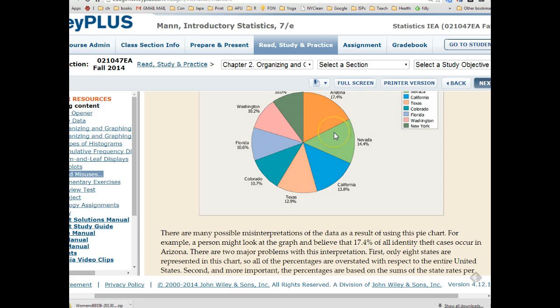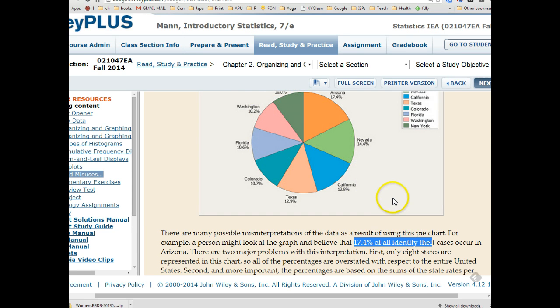Yeah, I would think that. Isn't that what it means? Right. 17 of all identity cases, but that's not true. It's 17.4% of this group, right?